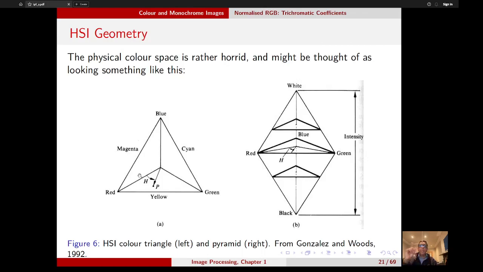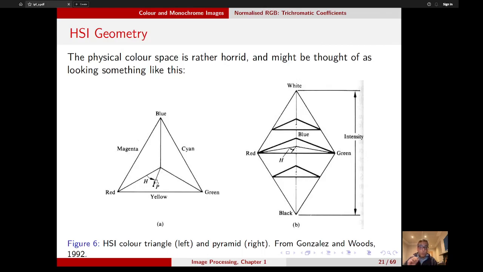As hue increases from 0 up to a full rotation of 360, you're effectively moving around the center of this plane.